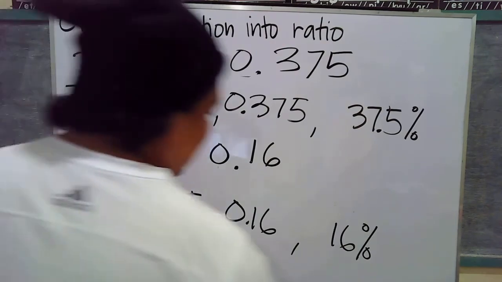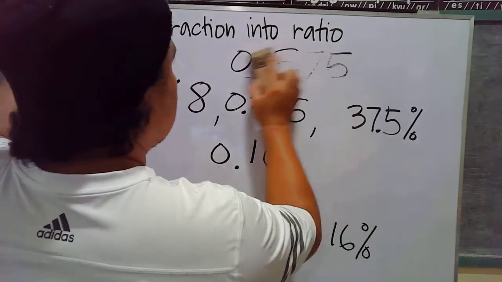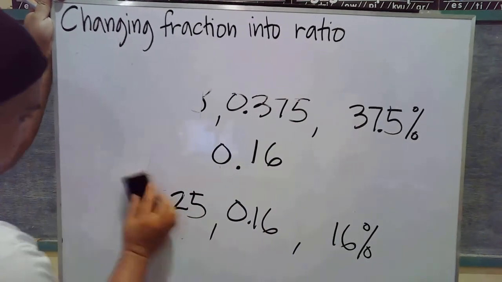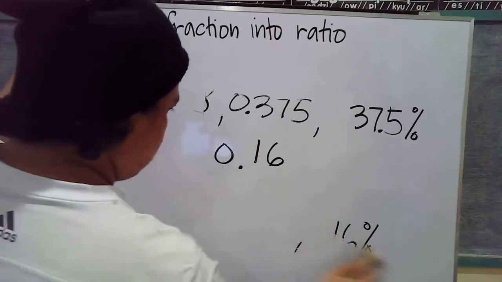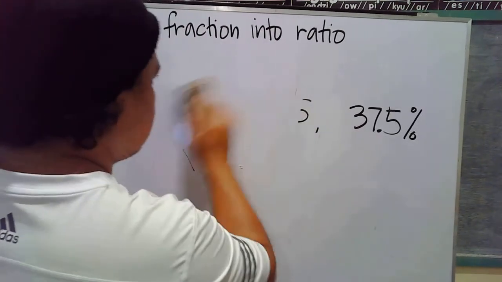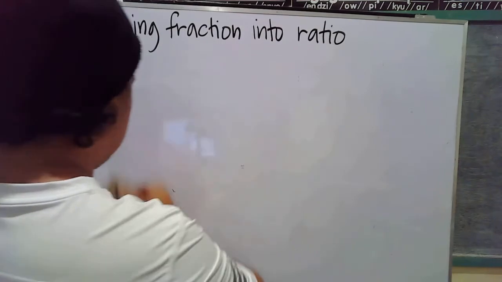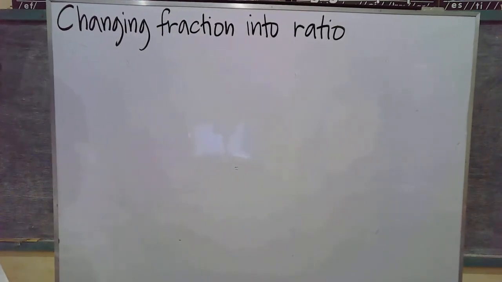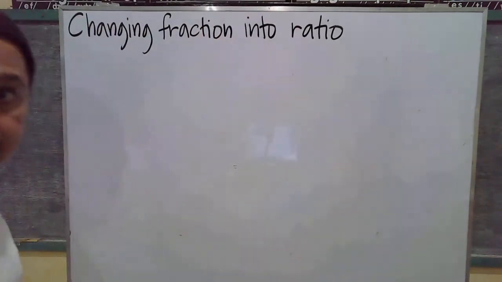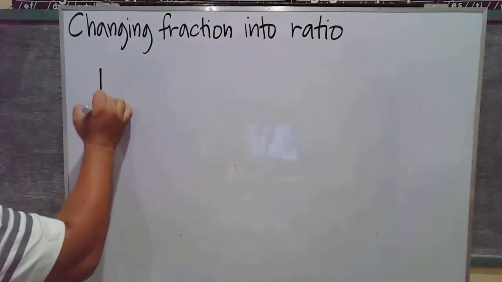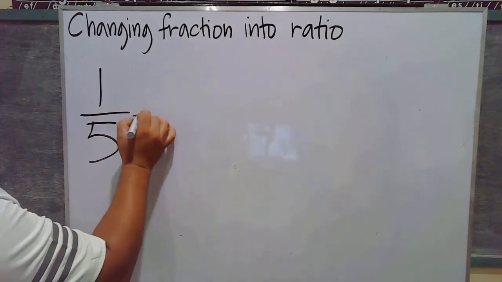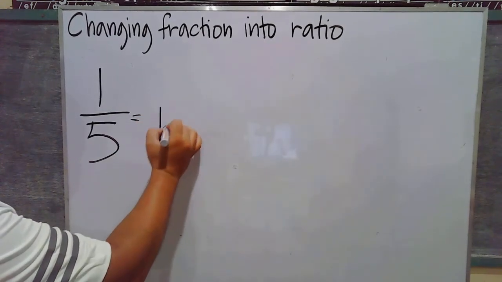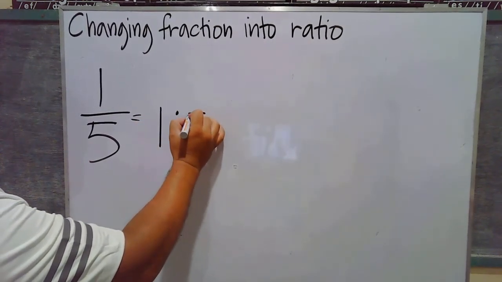So let's have one last example. Okay, to wrap our lesson up. Let's have an easy one. 1/5. Okay, so for the ratio, that's 1:5.